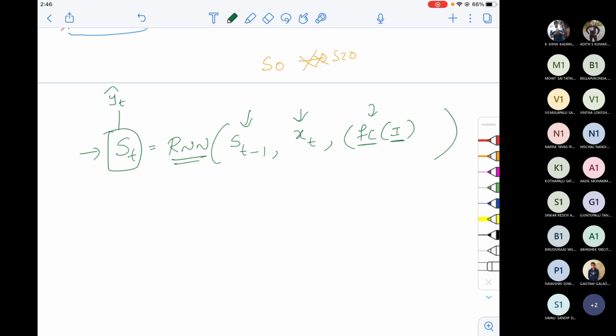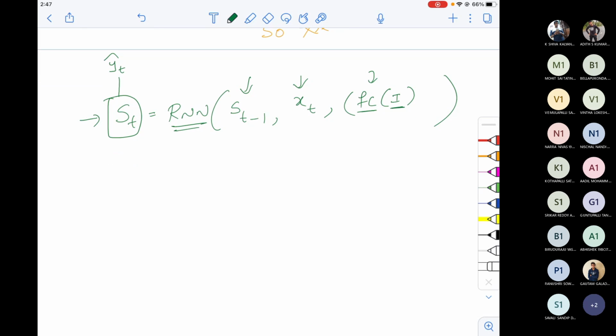If I want to denote this in matrix form, take the case of S3. If I want to get S3, here we have taken a simpler notation where I don't have weights.